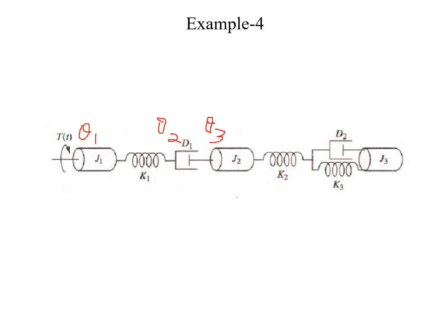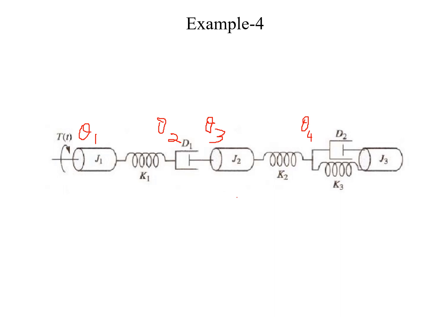Now J2 will experience the same displacement theta 3 which is experienced by the dashpot. After spring K2 there will be a change in the displacement, represented by theta 4.